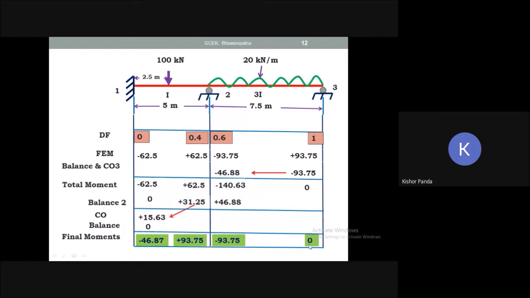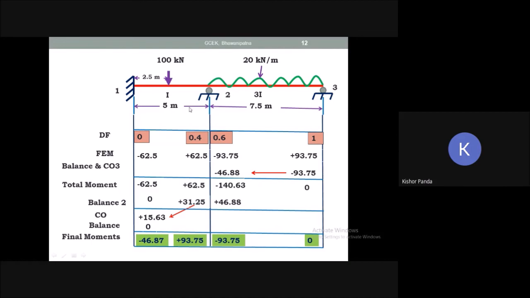Then after getting the final moment, you go for the check of joint 2. So what is the moment at the joint 2? The sum of the moments should be 0. So this side you got plus 93.75 and this side you got minus 93.75. So the sum is equal to 0. Then you have to give the direction of the moment. Here this is negative means anti-clockwise.